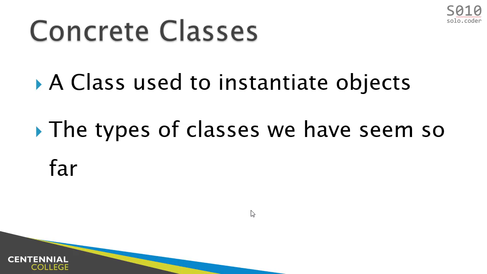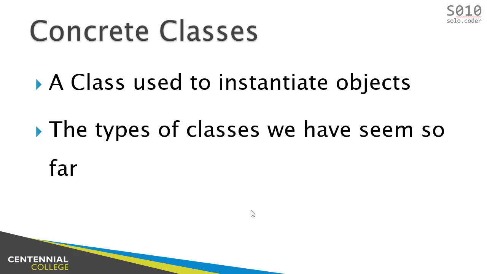A concrete class is nothing more, nothing less than a class that you can instantiate an object from. You can declare an object and you can say new cats, whatever name you want to give, equals new cats. If you can say new cats, it's because you are able to create an object of that class, and that class is a concrete class.